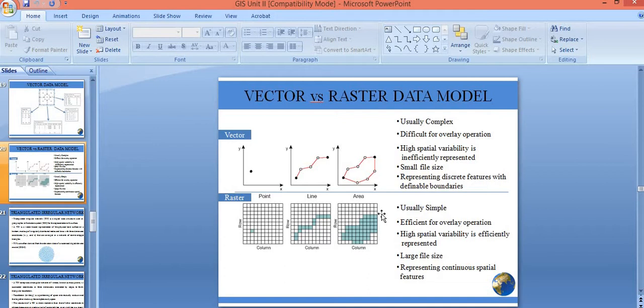Say for example, you have a farmland, you have a mountain. Like that, if you have some continuous information, then you can go with the raster data model. Okay, so these are the comparisons between your vector and raster data models.